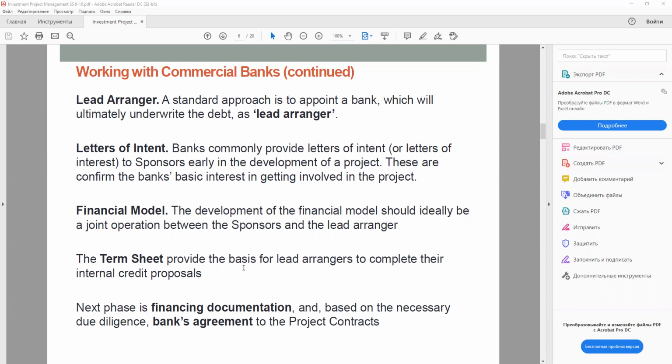They are primarily used by banks to ensure they keep their foot in the door of the project. But on the other hand, a bank does not issue such a letter lightly.